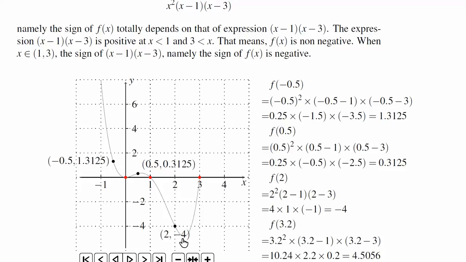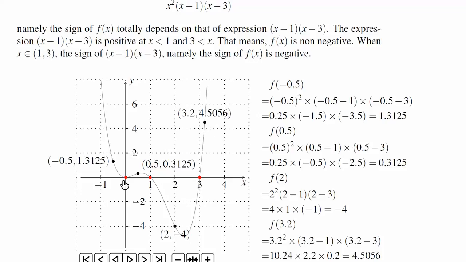Right here, it goes this deep. Later on, in calculus, you will know how deep. And then, greater than 3, you choose 3.2. Plug in the value, you have 4.5056. So that's this point.